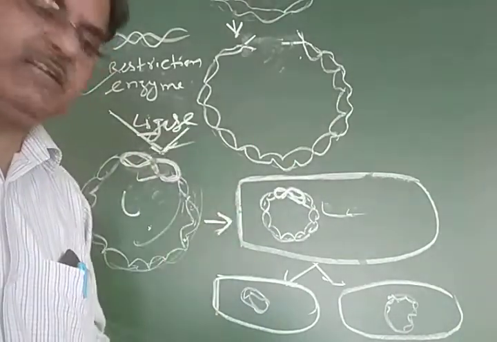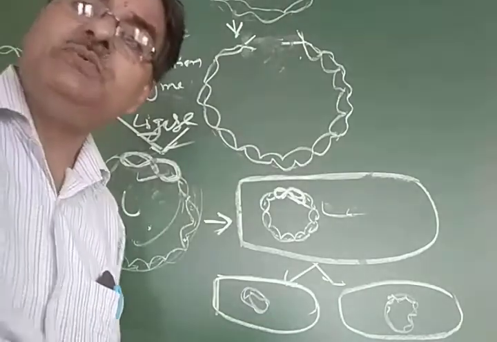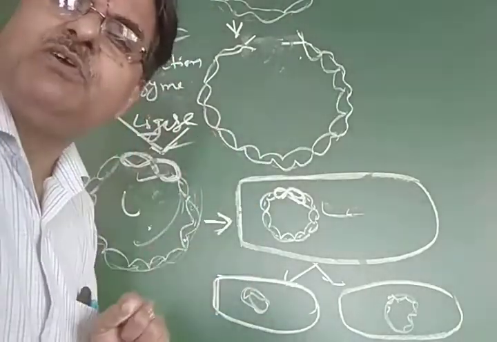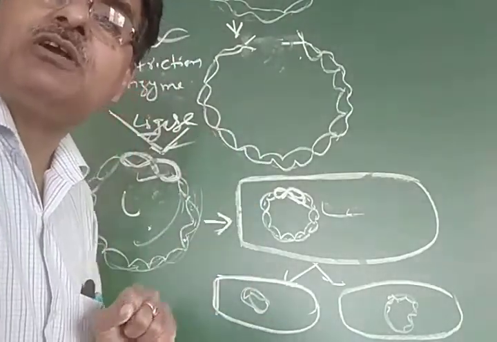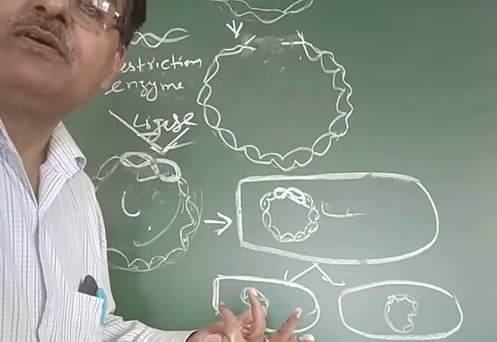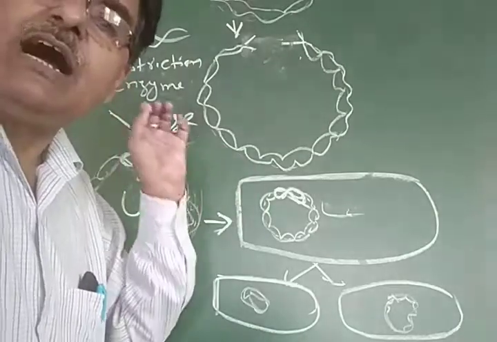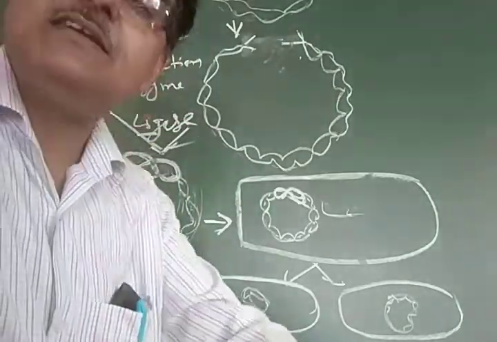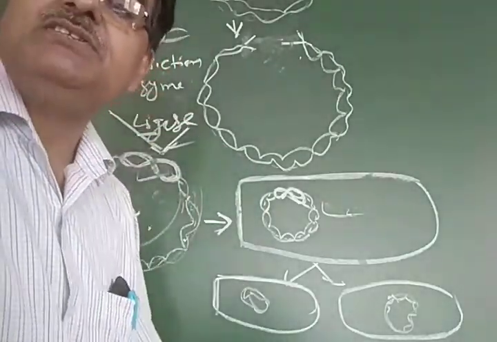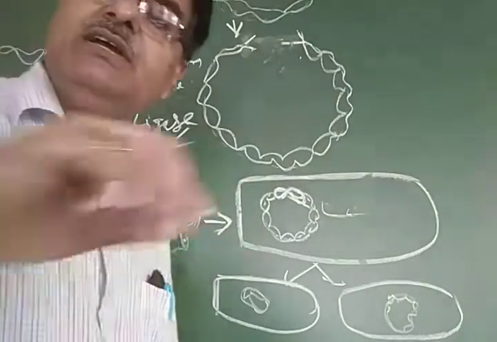So how to identify? Because in biotechnology we require the growth of only transformants to produce the desired product, not the non-transformants. So there must be a selectable marker that helps to identify which bacteria are the transformants and which are the non-transformants.